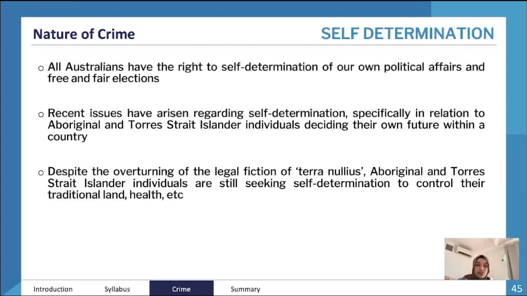There have been recent issues that have arisen regarding self-determination, specifically in relation to Aboriginal and Torres Strait Islander individuals deciding their own future within their country.